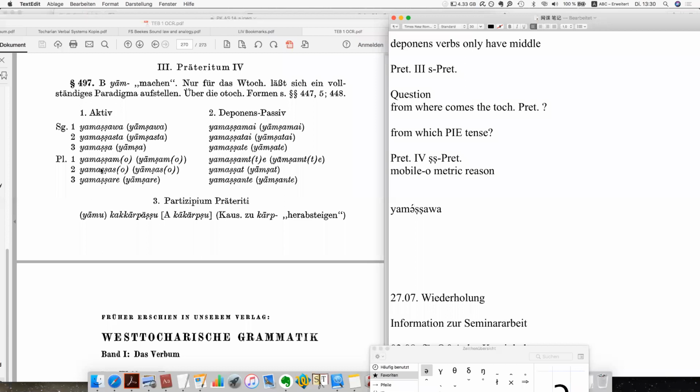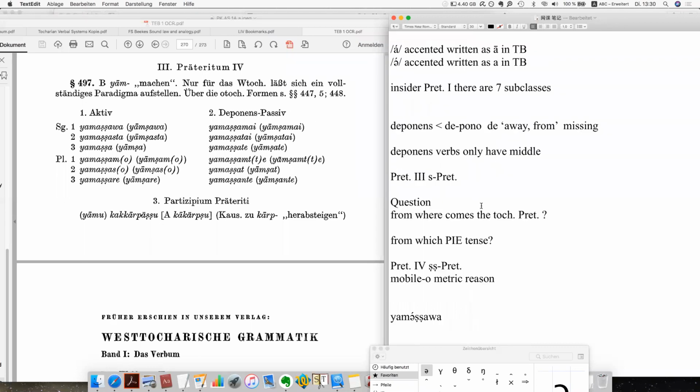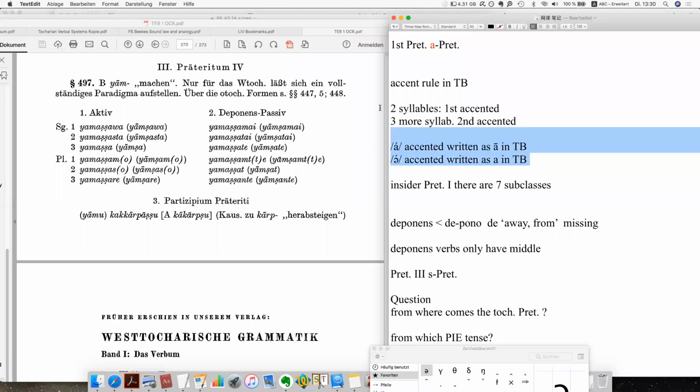So the accent is here, on the first one. So the accent for this preterite is a little bit special. I can check later if there's some special reason for this. This is actually the normal accent rule, but some finite forms have first syllable accent, like the causative.